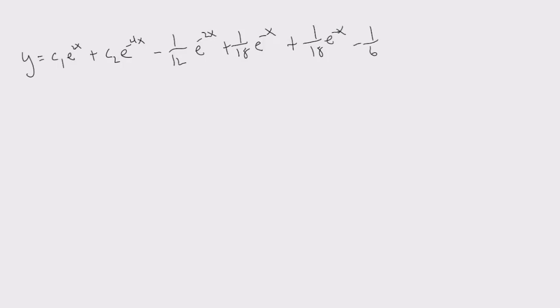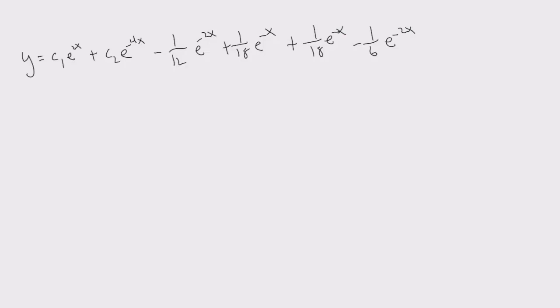All right, so in general, our solution looks something like y equals c1 e to the 2x plus c2 e to the negative 4x minus 1/12 e to the negative 2x plus 1/18 e to the negative x plus 1/18 e to the negative x minus 1/6 e to the negative 2x.